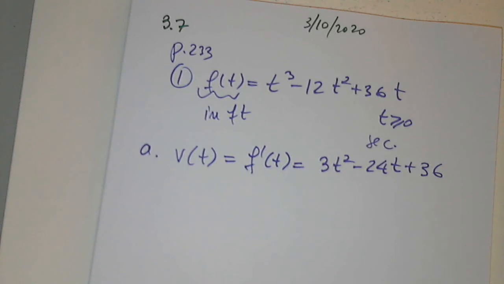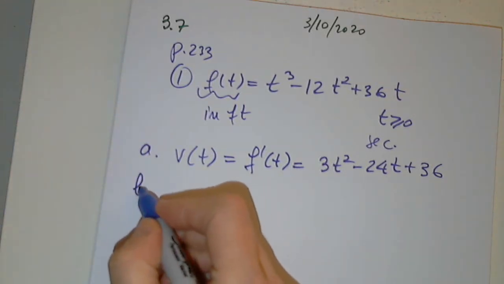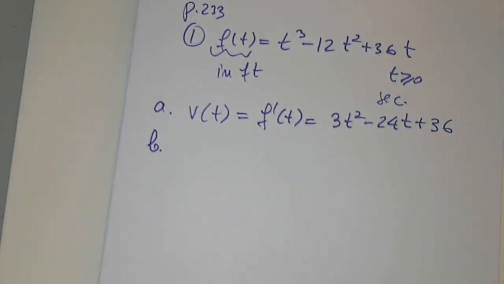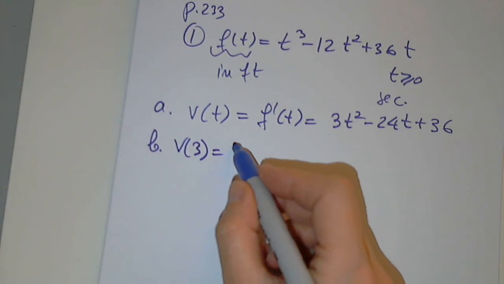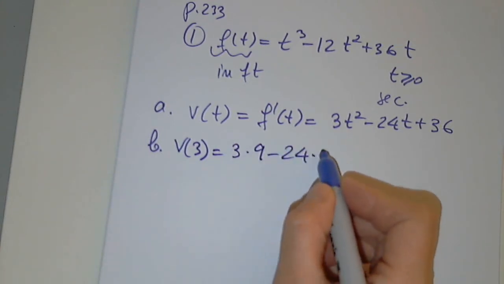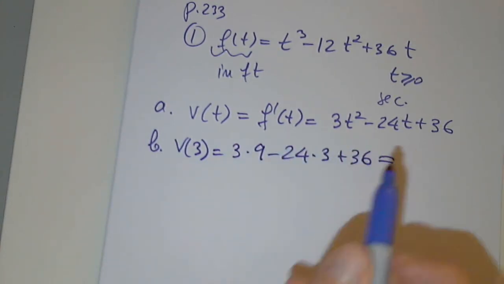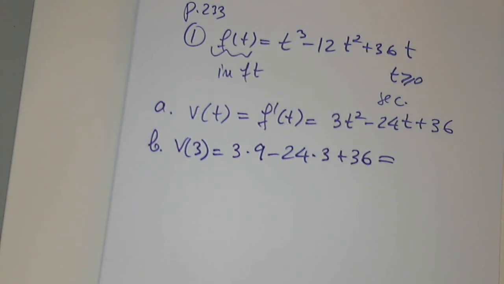What is the velocity after 3 seconds? Part B. How do I determine the velocity after 3 seconds? Plug 3 into t. So it's 3 times 9 minus 24 times 3 plus 36. So 27 minus 72 plus 36, I got minus 9.